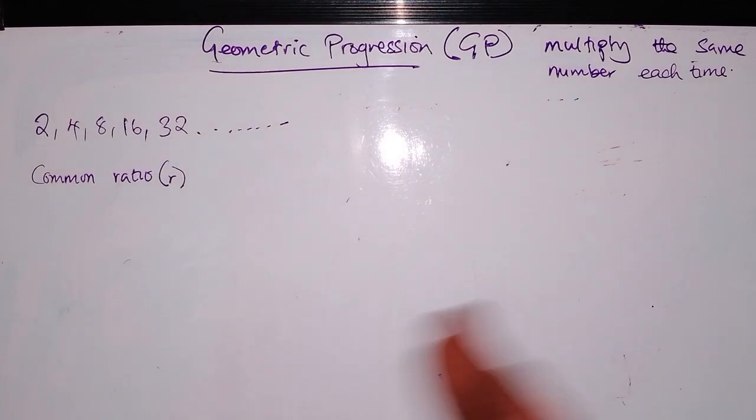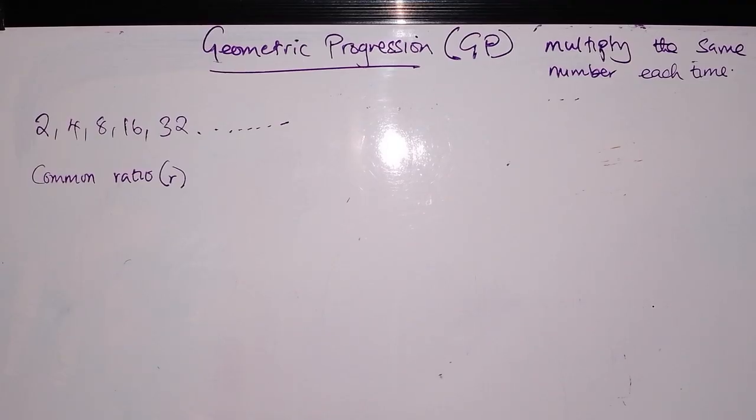Here is a simple trick which will help you to remember. Whenever you hear AP, just know that the common difference is found by subtracting. Then the common ratio is found by dividing.